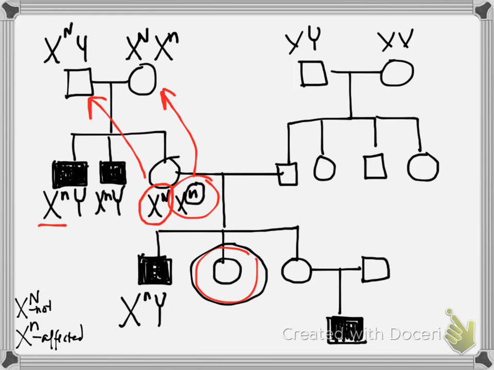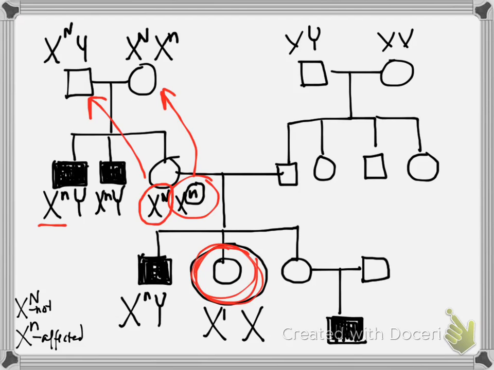Okay, does that tell us what our client's genotype is? This is our client, remember. Well, let's establish what we do know. We know that she has 2 X chromosomes, right? She's biologically female, she's XX. Is she affected?